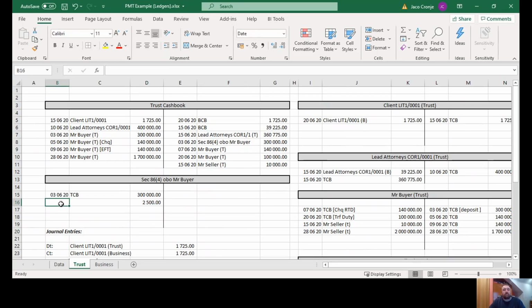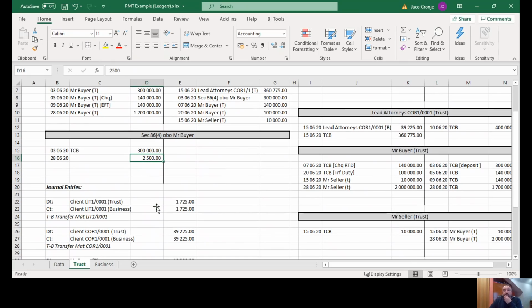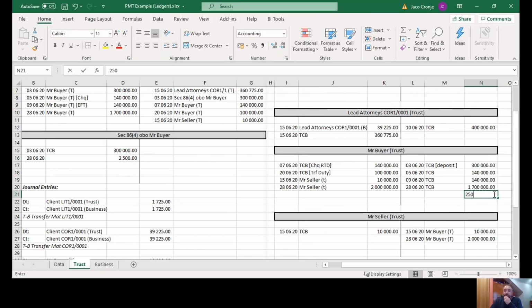Balance will increase by 2,500 rand. In other words, it's a transaction on the debit side. Now, who gets this interest? The answer is, it was invested on behalf of Mr. Buyer, so Mr. Buyer is going to get the credit for this.